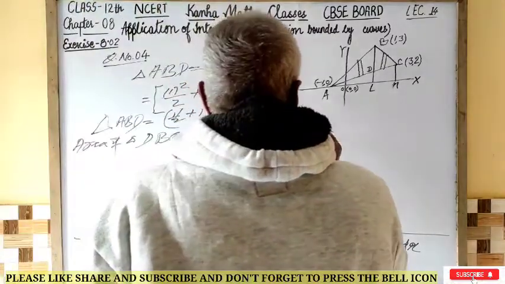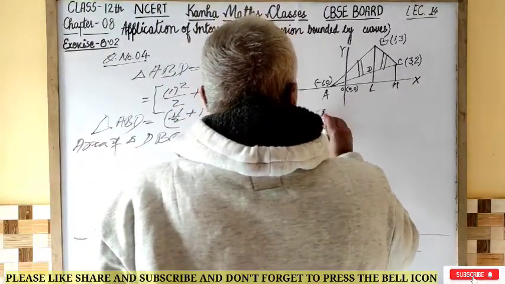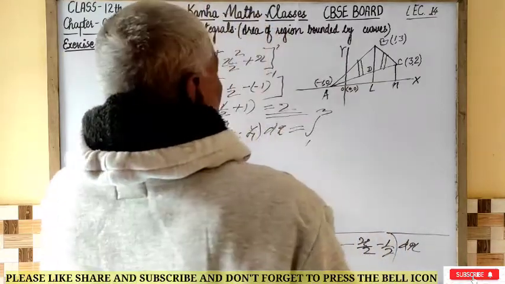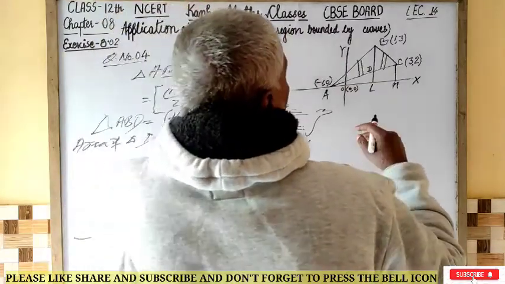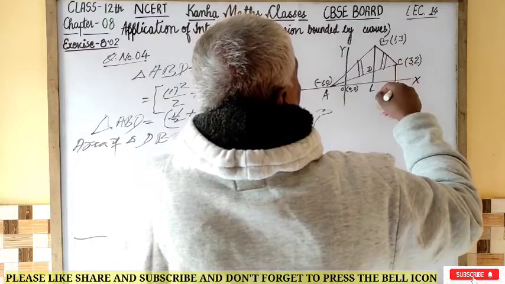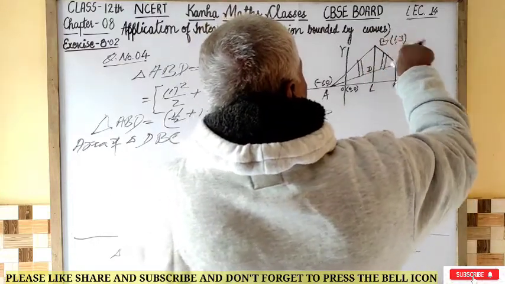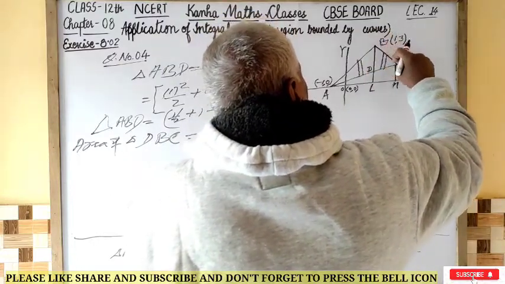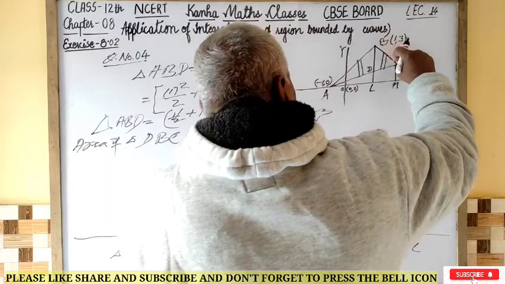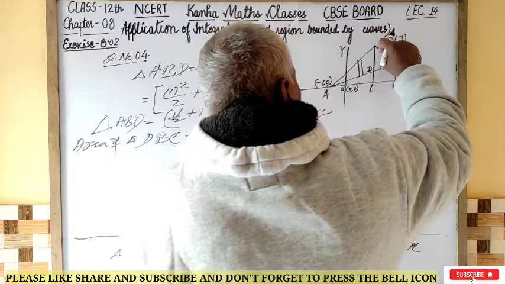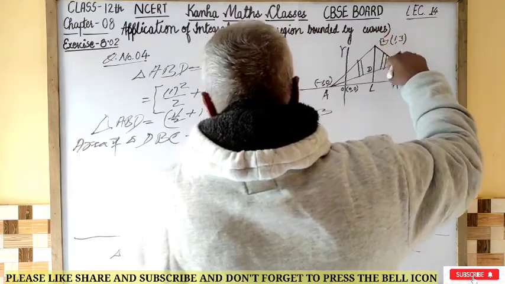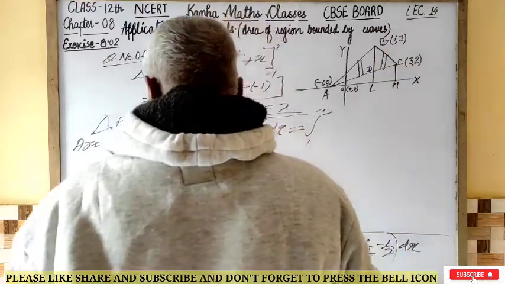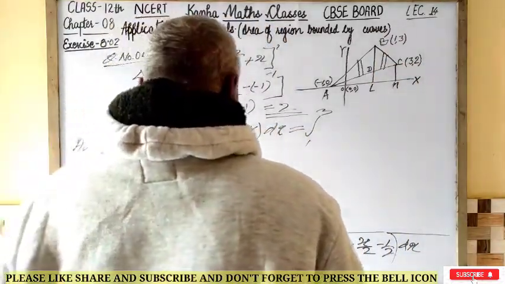Now the y2, here we will have DBC, the area of this. y2 will be extracted from the equation of BC, the value of y in the equation BC.